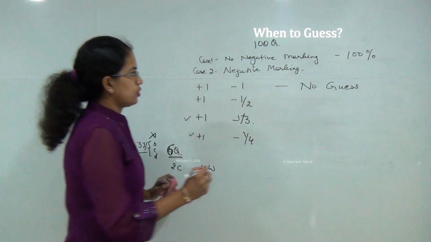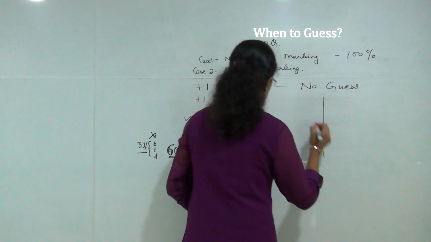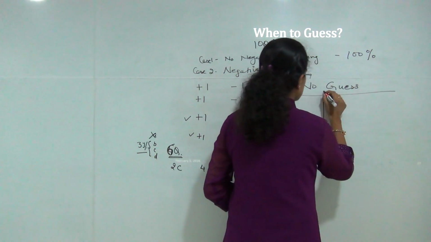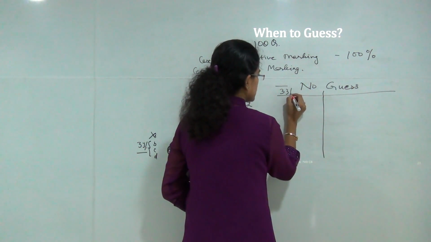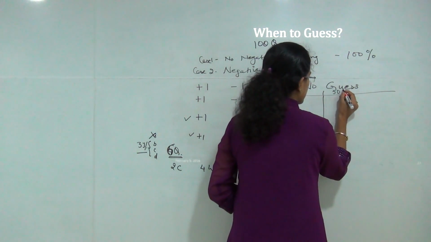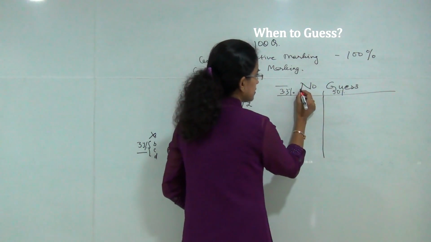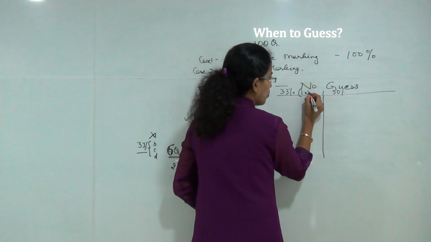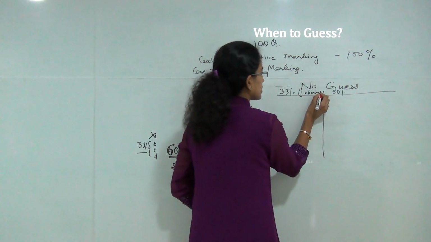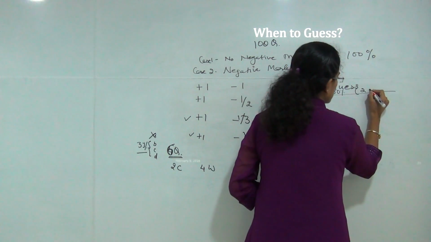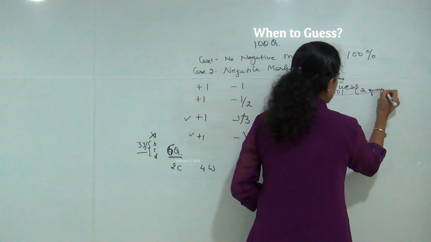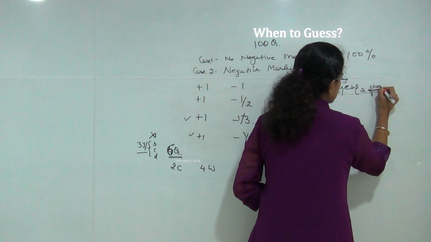So here what I will do is I'll create a table for the remaining questions. So 33% chance and 50% chance. That means 33% chance means I am eliminating 1 choice, and here I am eliminating 2 choices.